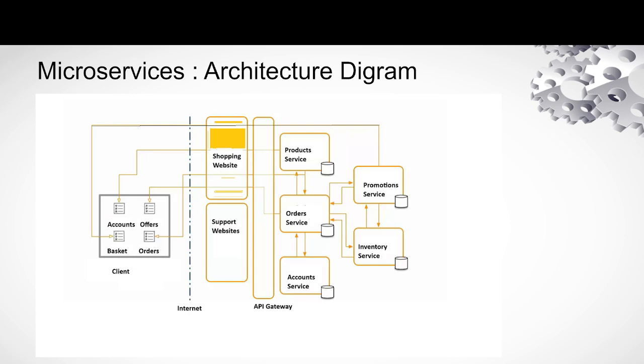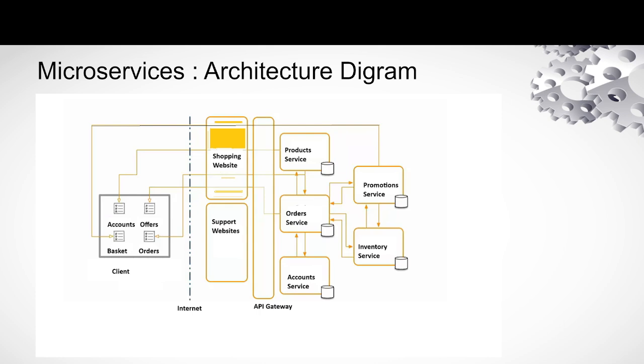Each microservice will focus on a single set of related functions, and each microservice has its own data storage, and it is also independently changeable and deployable. So for example, we could upgrade the order service without affecting any other parts of my system.